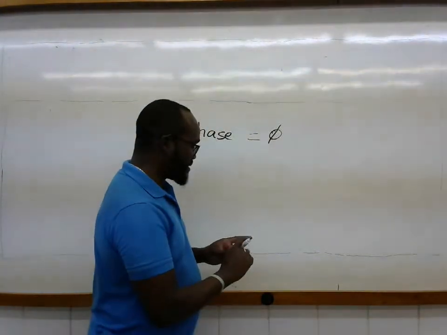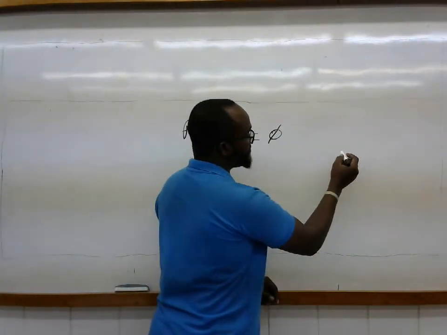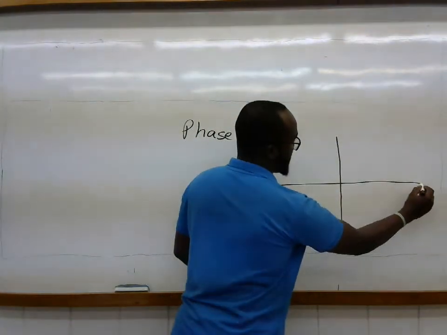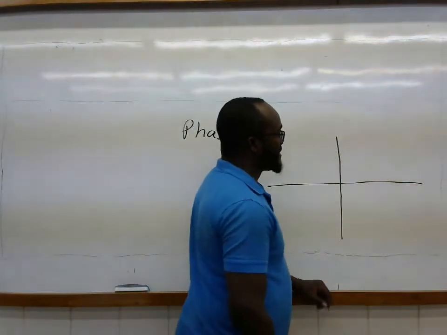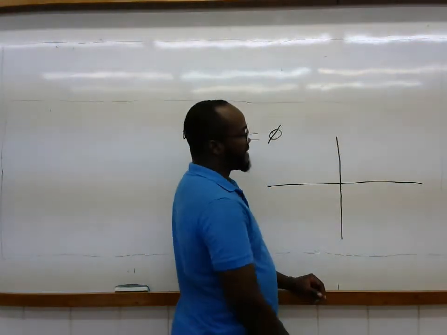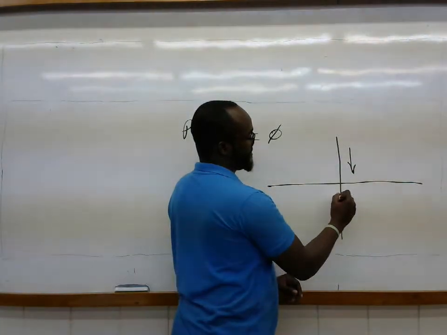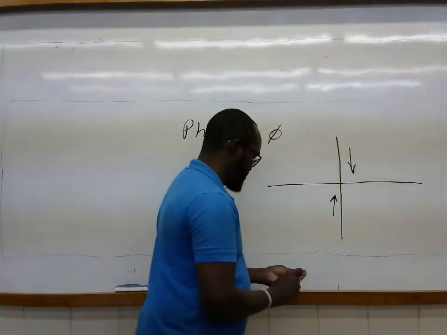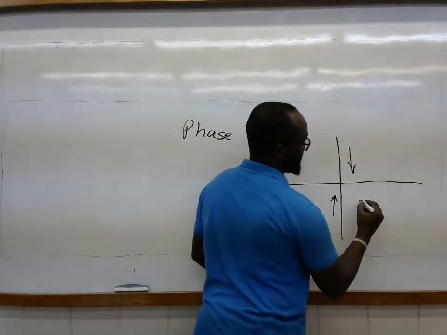So in the case of our intersection at McCoy, we have north-south, east-west. At any given time, we have either the north-south movement going, or we have the east-west movement proceeding.